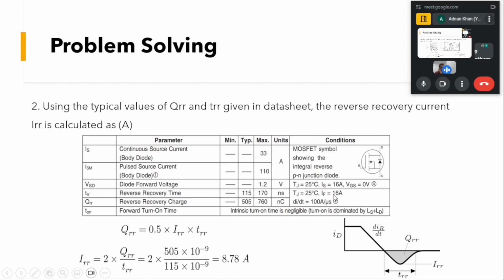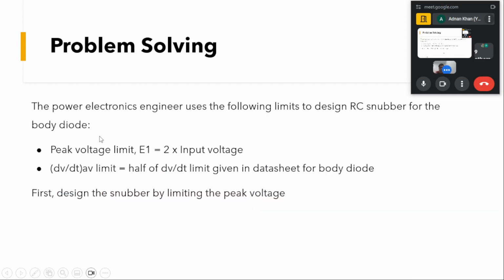You can see that the current flowing through the diode was 16 amps, and the reverse recovery peak is going up to 8.78 amps. So you can see the effect of reverse recovery here. The answer to this second question is 8.78 amps, so now we have calculated the IRR as well.